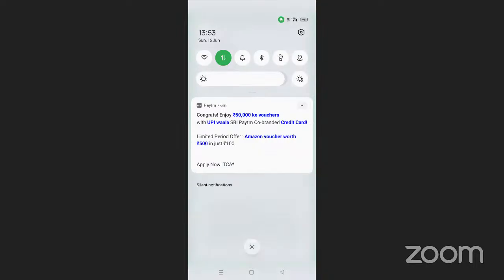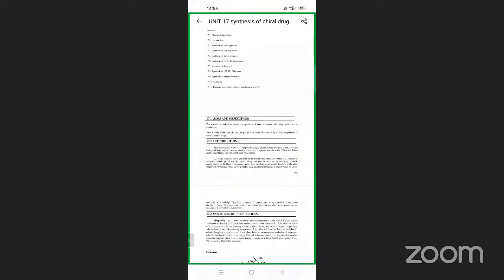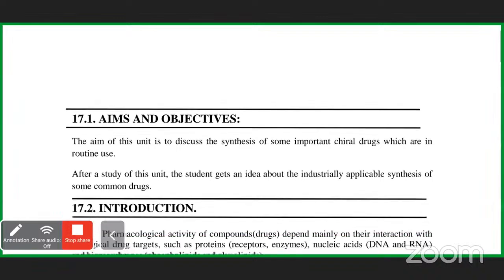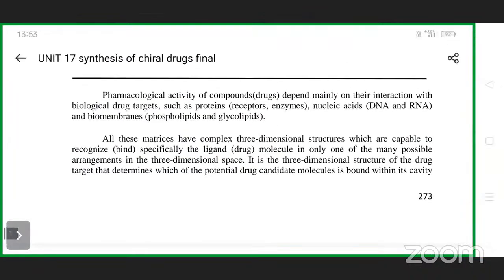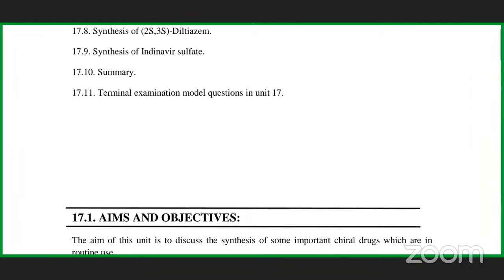Some drugs show more activity, and some show less or no activity. The isomer which shows more activity we call the eutomer, and the isomer which shows less activity or is inactive is called the distomer.